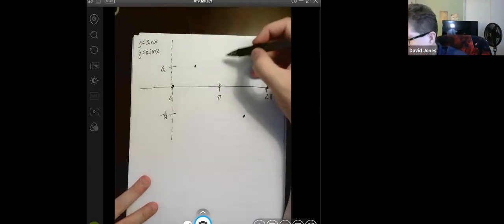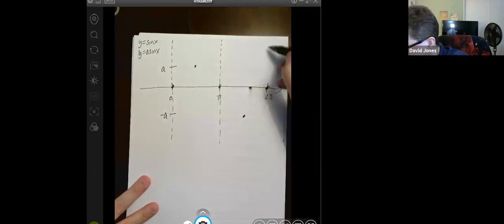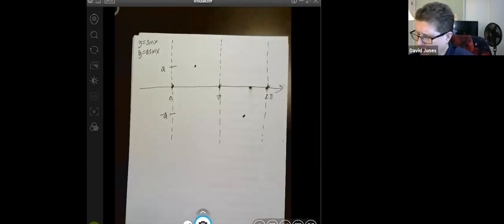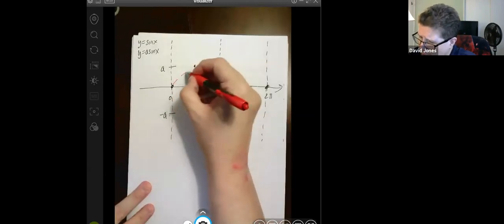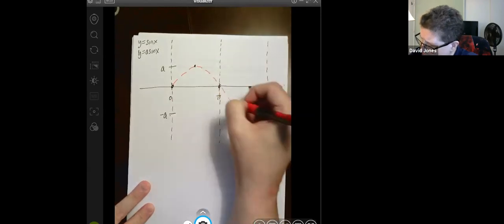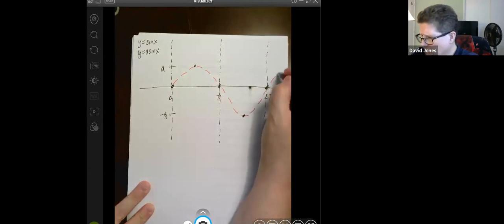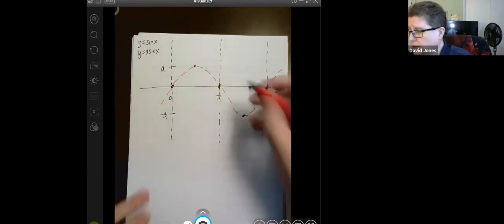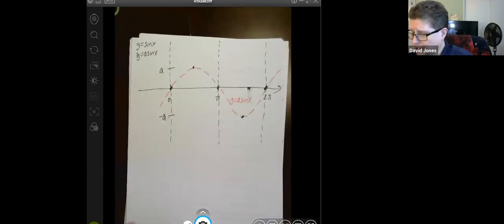I just want to mark them because that gives me my asymptotes. I'll sketch it lightly. I'll use bigger dashes here. It's important to note that it keeps going. So this is y equals a sine x. We throw in our asymptotes.